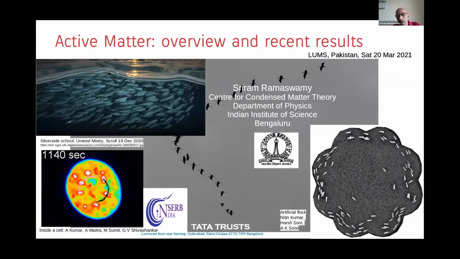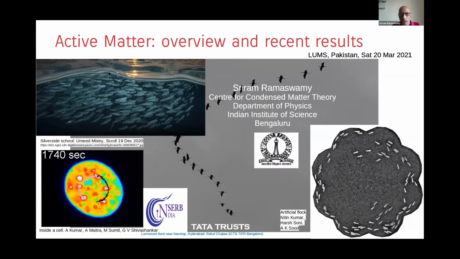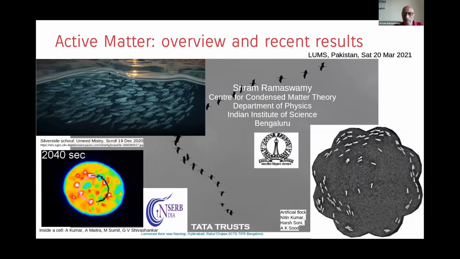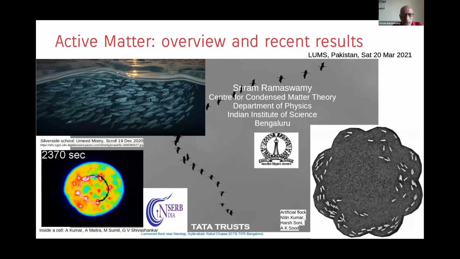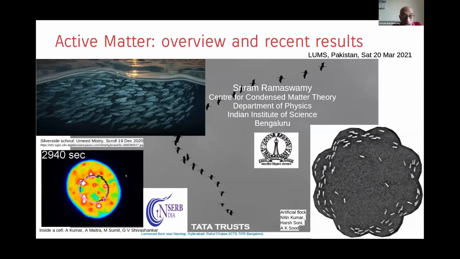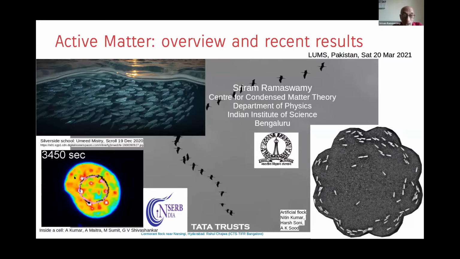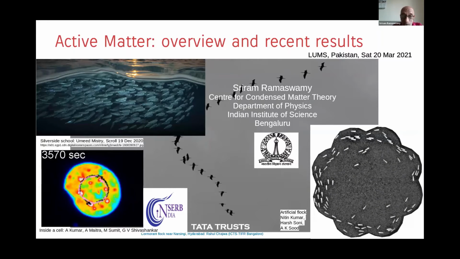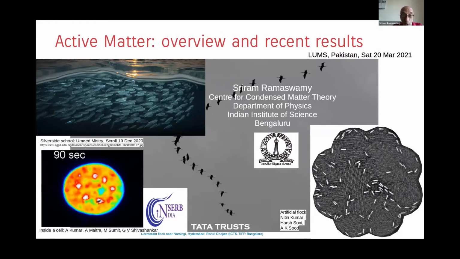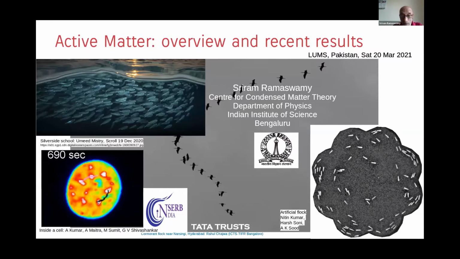I've just tried to illustrate on this montage slide active matter in many regimes: fish schools, bird flocks, active flows inside one cell. What you're seeing here is the nucleus of a cell going round and round because of flows on an intracellular scale.